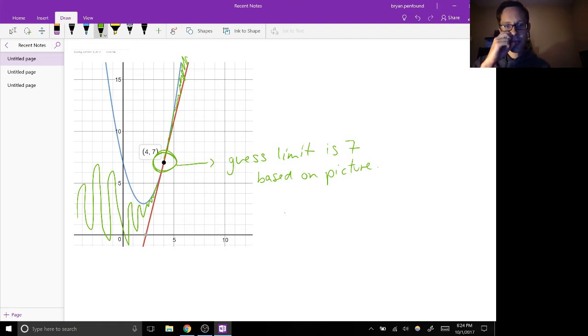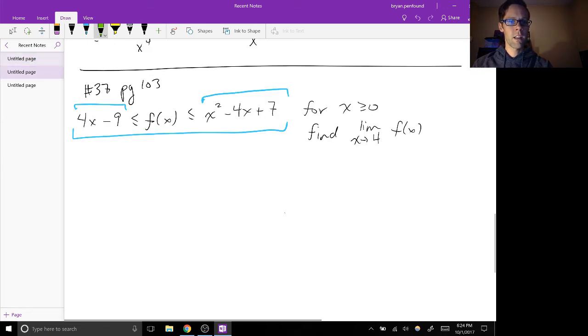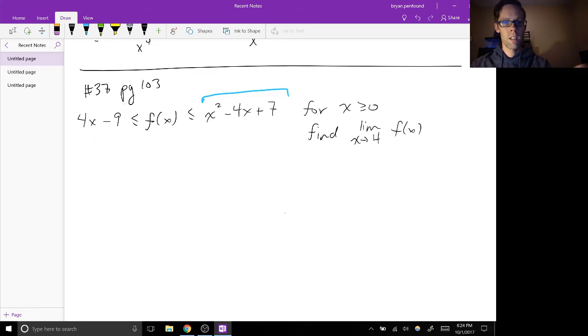Desmos gives me that information of what this function could particularly look like in green and what the sequence of y values are tending towards. So let's go back and try to prove that this limit is equal to 7. We're going to do that algebraically. How do I do that algebraically?